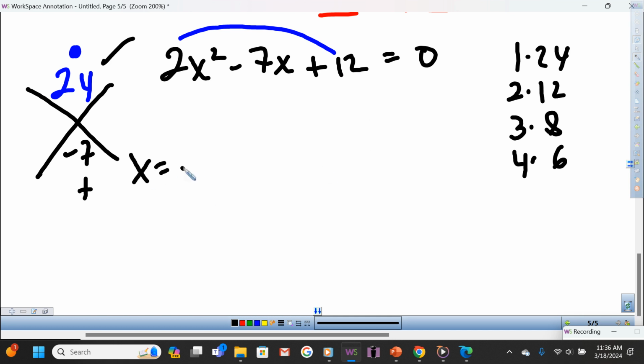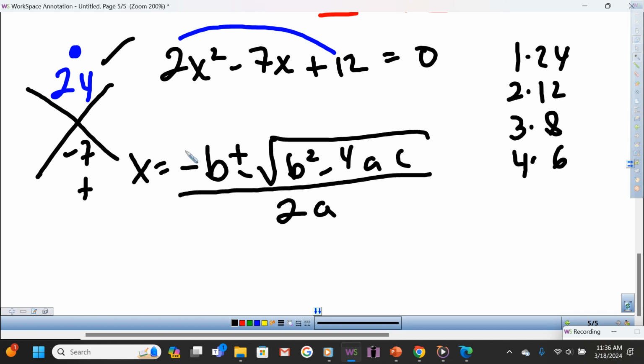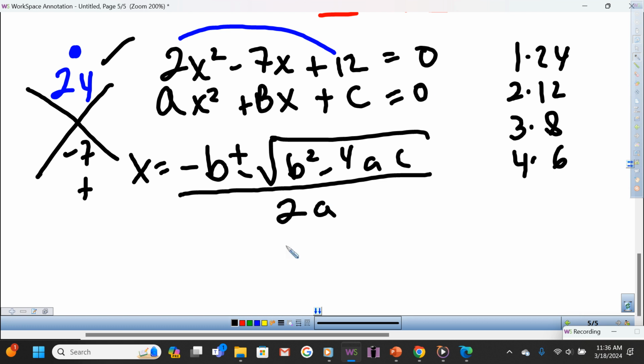X equals minus b plus or minus square root of b squared minus 4ac over 2a. So, how do you know which one is which? Well, remember to write this down underneath each one of these. Ax squared plus bx plus c equal to 0.